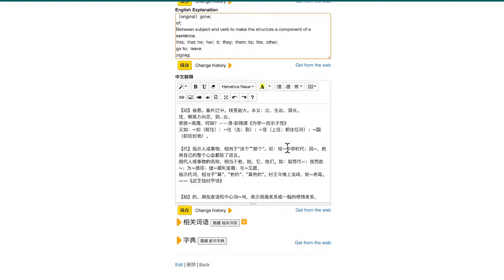So 教之中学时代 means compared to that middle school era. Like 取而代之, this means this or that. 战而胜之 means battle and win it.